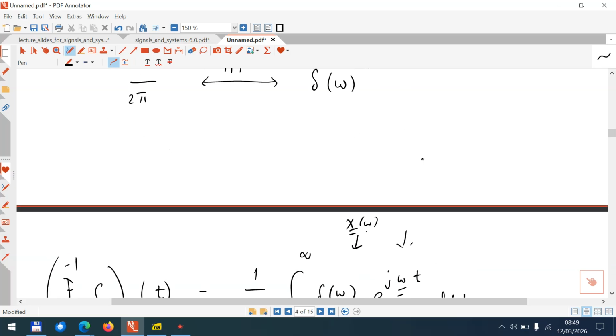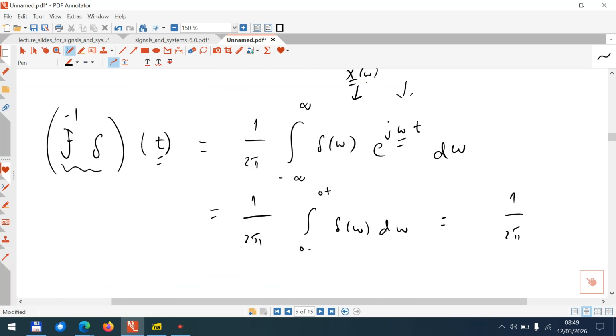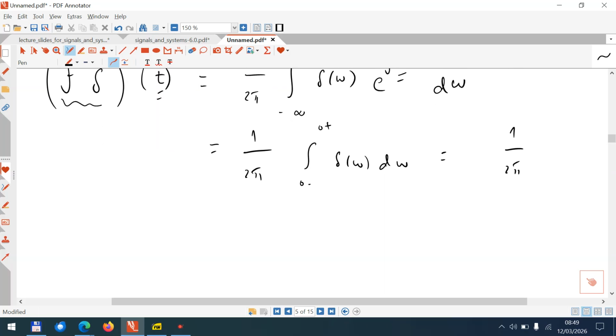So it means that if instead of delta, I had started with 2 pi delta, right? And I repeat this, what should I get here? Instead of delta, I want the inverse transform of 2 pi delta.